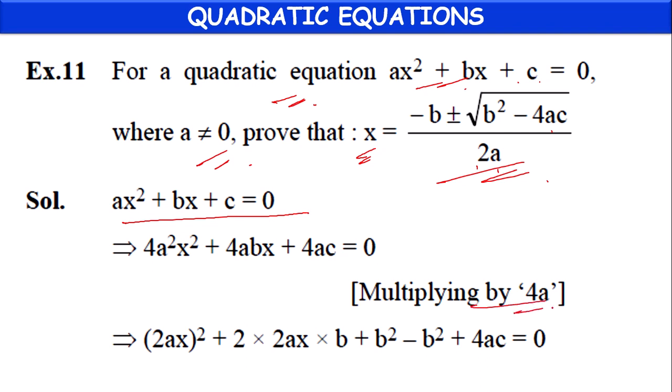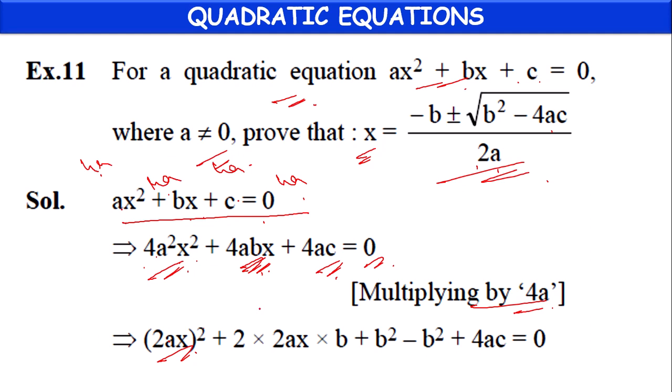Let's multiply with 4a, children. Then 4a into a, 4a square x square, 4a into bx, 4abx, 4a into c, 4ac, 4a into 0, 0.